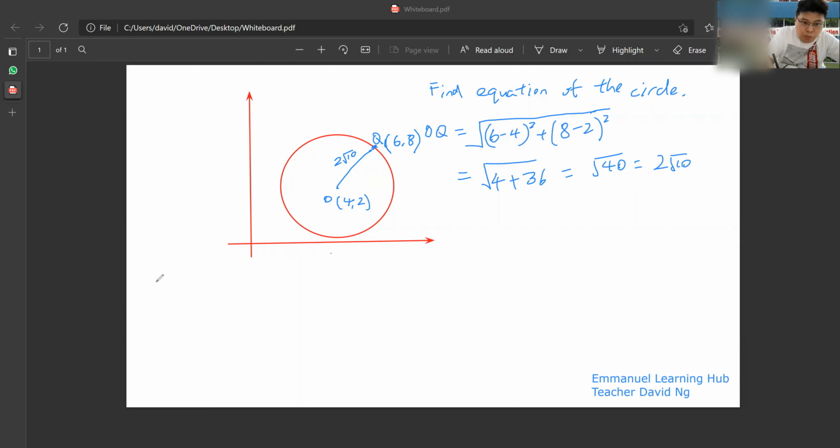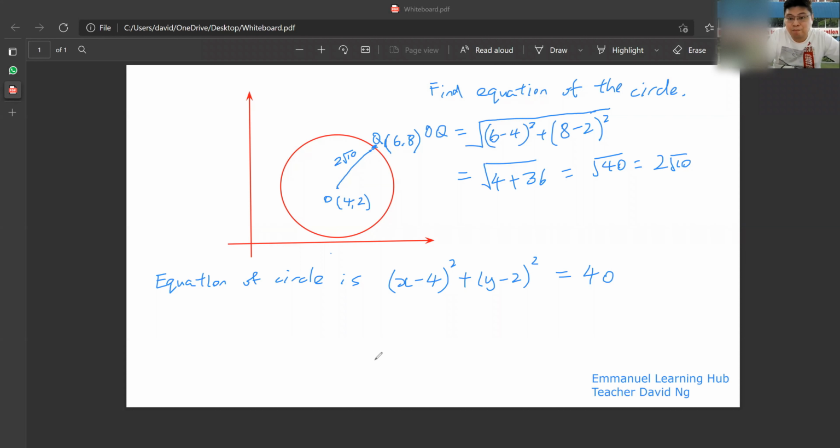So the equation of this circle would be (x minus 4) squared plus (y minus 2) squared is equal to (2 root 10) squared, which is equal to 40. Okay, this is the equation of the circle.